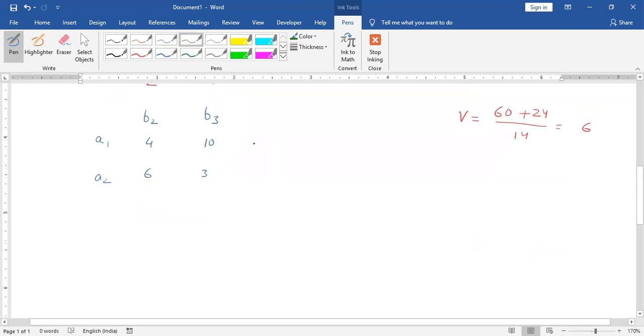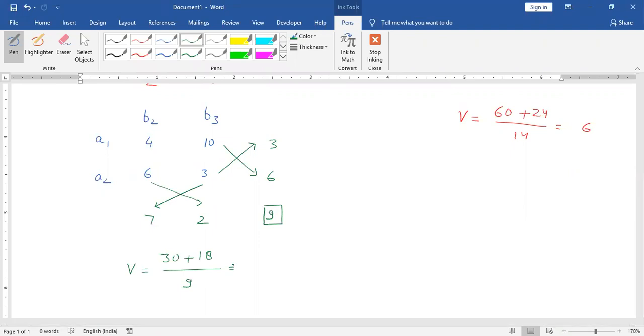The differences are 3, 6, 7, and 2, and the total of the differences is 9. V equals 10 into 3 is 30, plus 3 into 6, 18, divided by 9. 18 plus 30 is 48. 48 divided by 9 is equal to 5.33.